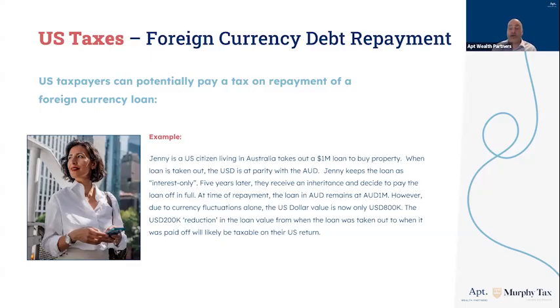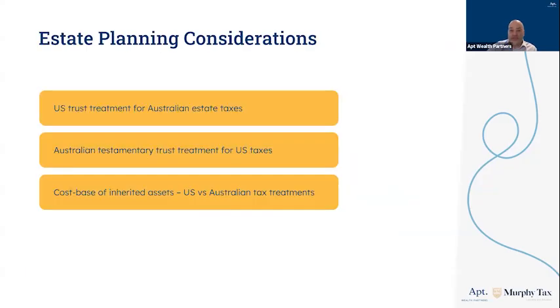And it's purely because of the currency movement where you've received a perceived advantage in US dollar terms, because the loan is less than what it was when you paid it off because of the currency movement. So just be careful with that, and speak to your US accountant if you're doing any major changes to your loan in terms of refinance or repayment. All right, so on to the next topic, estate planning considerations and structures.